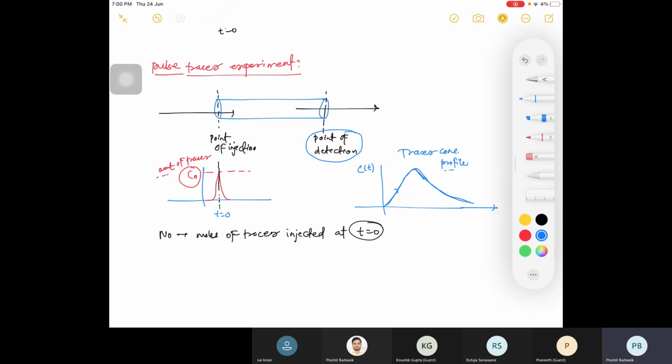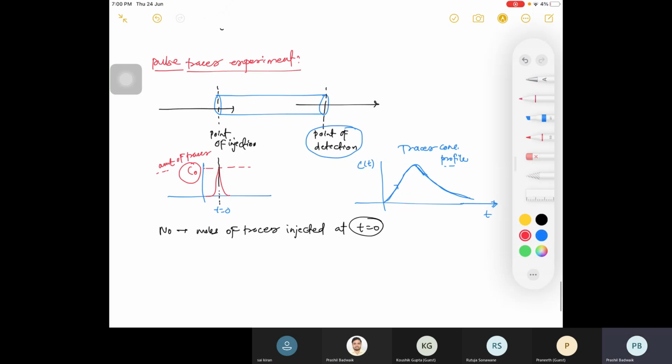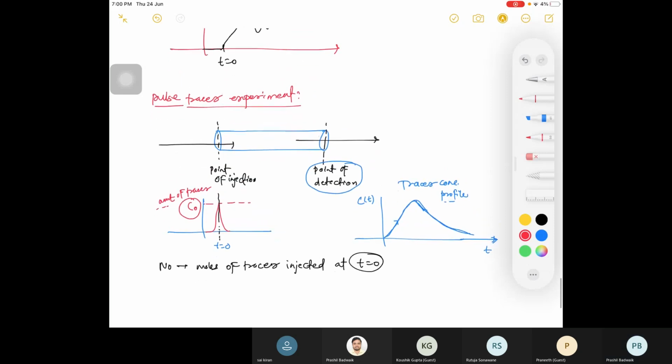This is not for PFR I'm saying, but just normal or random. So on the x-axis there is time, this is your time t. This was the time t equals 0. Obviously this profile will start after some time t.